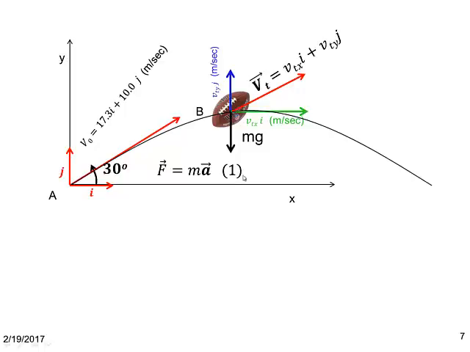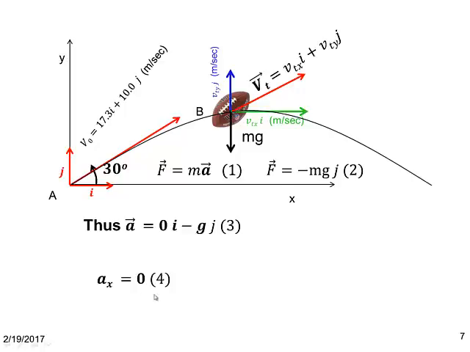In this case, the force acting on the body is minus mg, or the weight of the body in the downward direction. Therefore, we can equate equation 1 and 2 so that we get the acceleration vector as 0i minus gj, from which we get two equations, ax equals 0, equation 4, and ay equals minus g as equation 5.